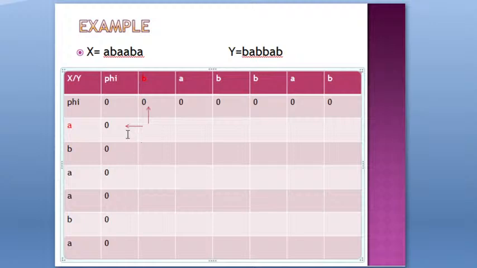Now check, in between these two values, what is the maximum value? In both the cases I am having 0. So the maximum value is nothing but 0. So this 0 can be taken from the left hand side of A, or this 0 can be taken from above.